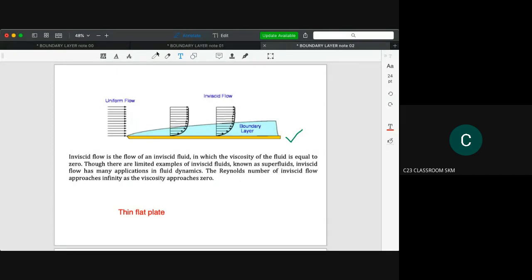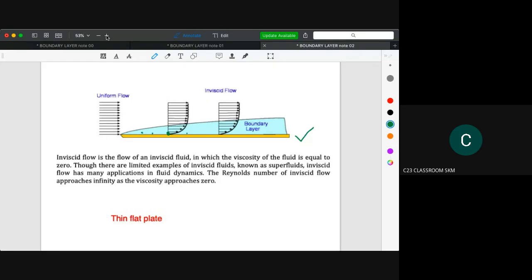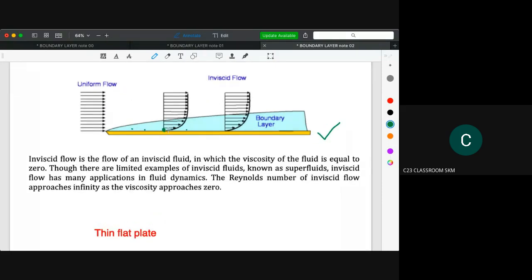Because we want to focus on the shear stress that occurs on this surface. When the real fluid flows on a thin flat plate like this one, the no slip condition occurs in this situation, and it will give us a zero velocity.